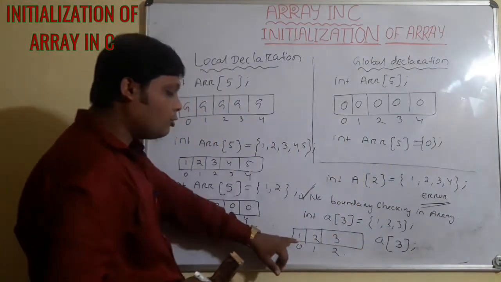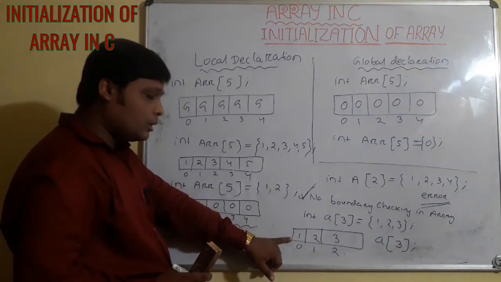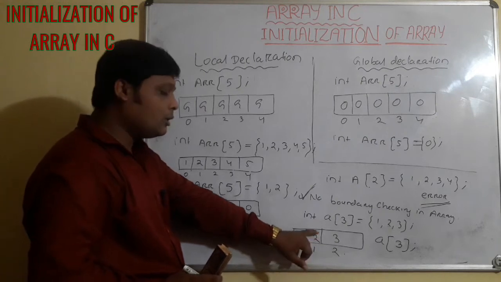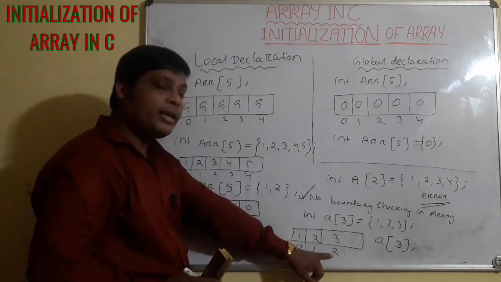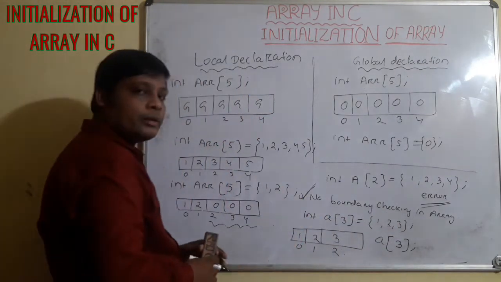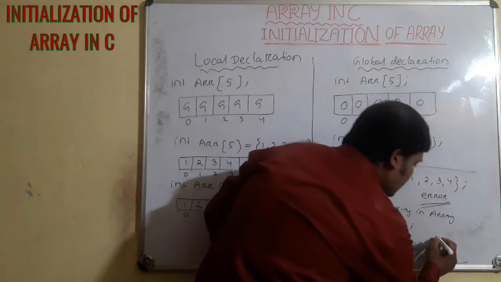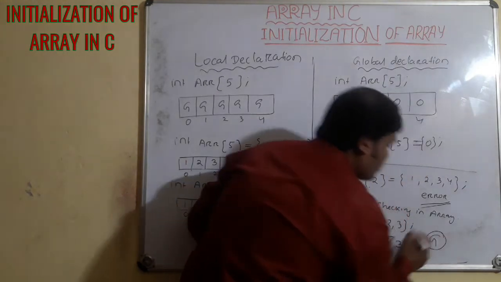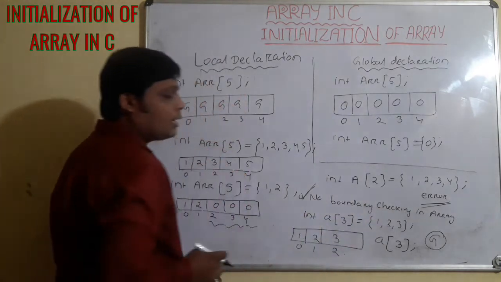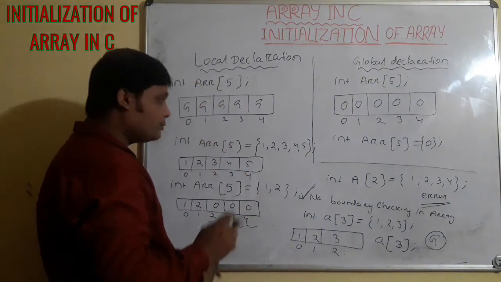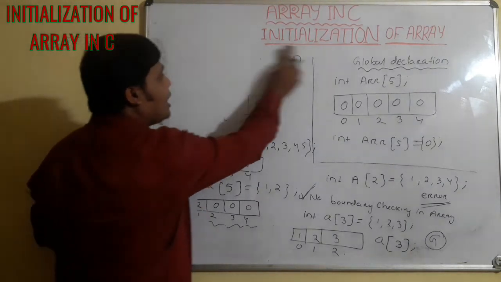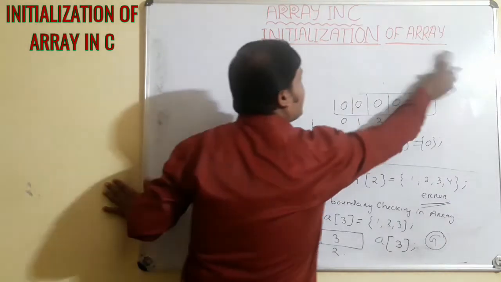If I print a of 0, it will display 1. If I print a of 1, it will display 2. If I print a of 2, it will display 3. But if I print a of 3, what will happen? It will give one garbage value, any value, because there is no location named a of 3. Clear?